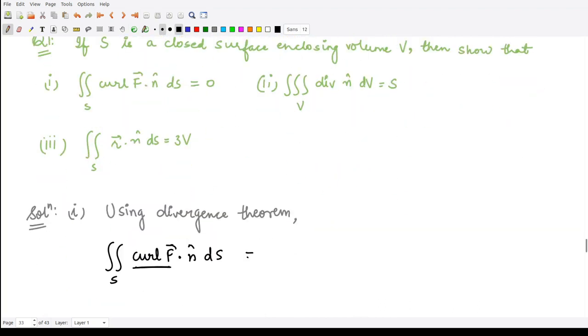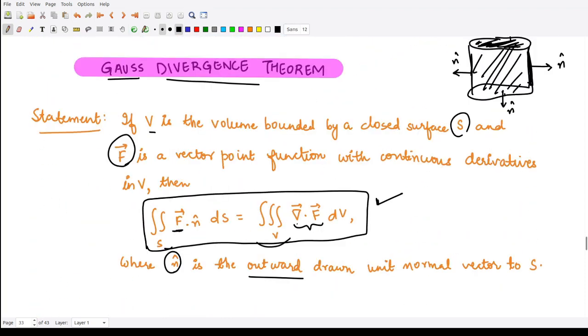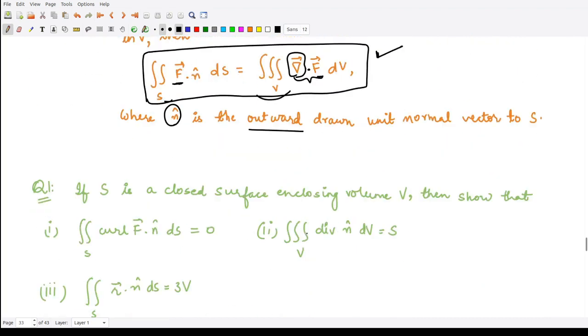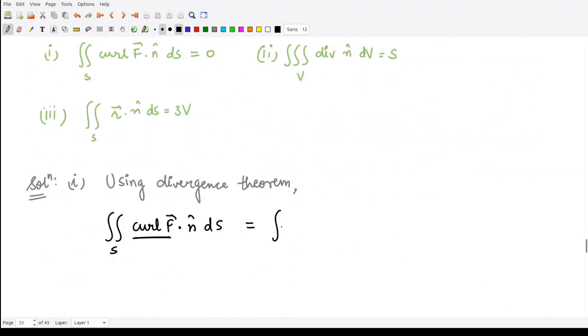So according to the Gauss Divergence Theorem, we will have the triple integral over V of the divergence of curl of f dv.